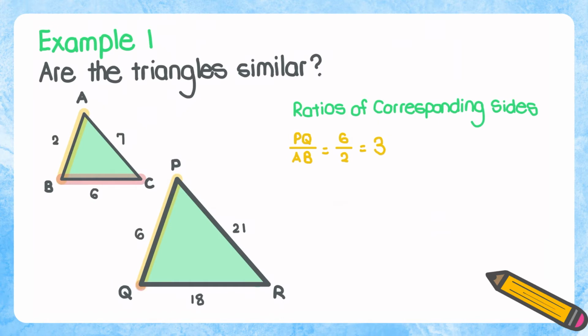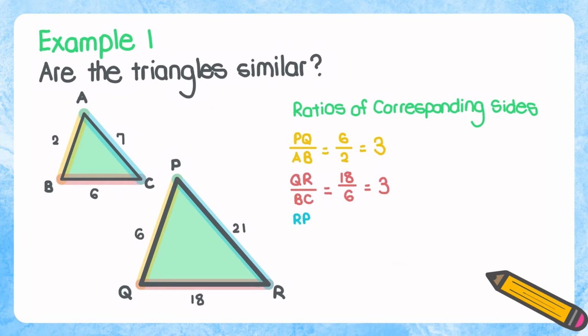Next pair, side BC and side QR. This is another pair of corresponding sides, so we're going to find its ratio or its scale factor. QR over BC is 18 over 6, which simplifies to 3. And we have one more pair, sides CA and RP are corresponding sides.